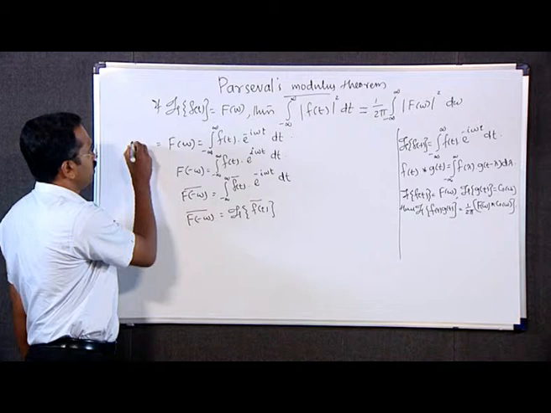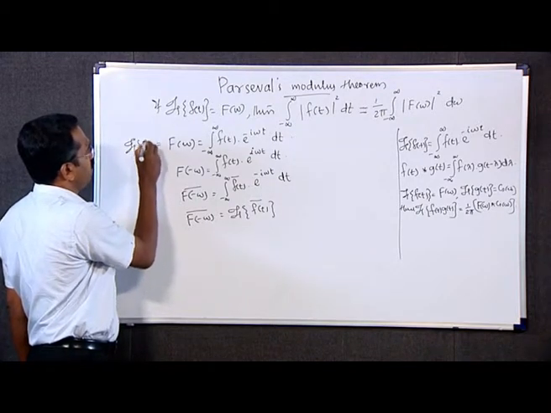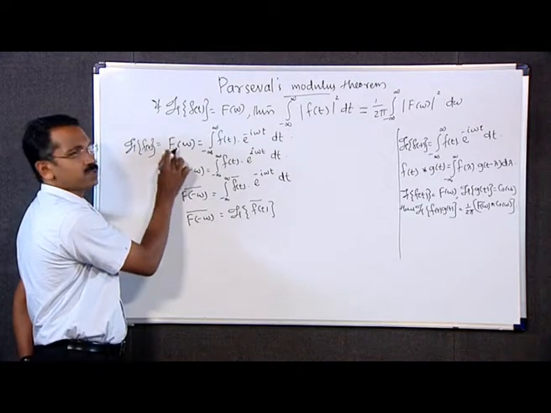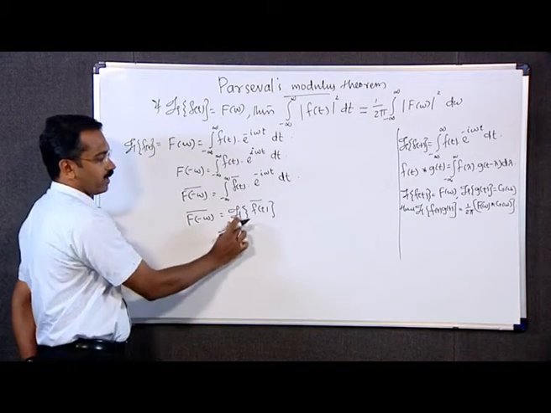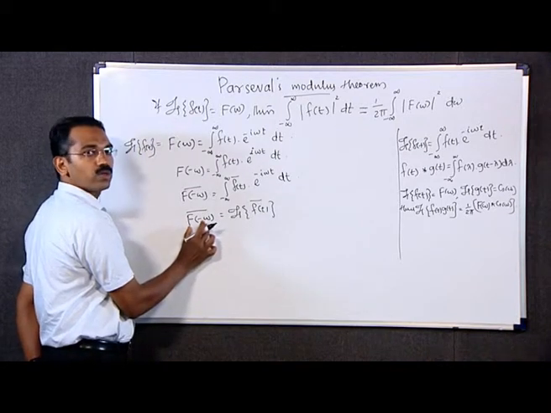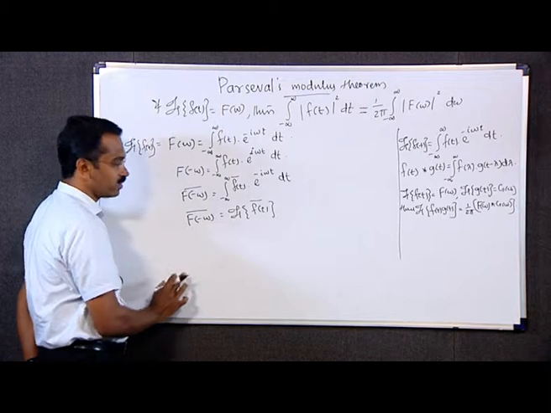Here, Fourier transform of f of t is equal to F of omega, and Fourier transform of f of t conjugate is equal to F of minus omega conjugate.